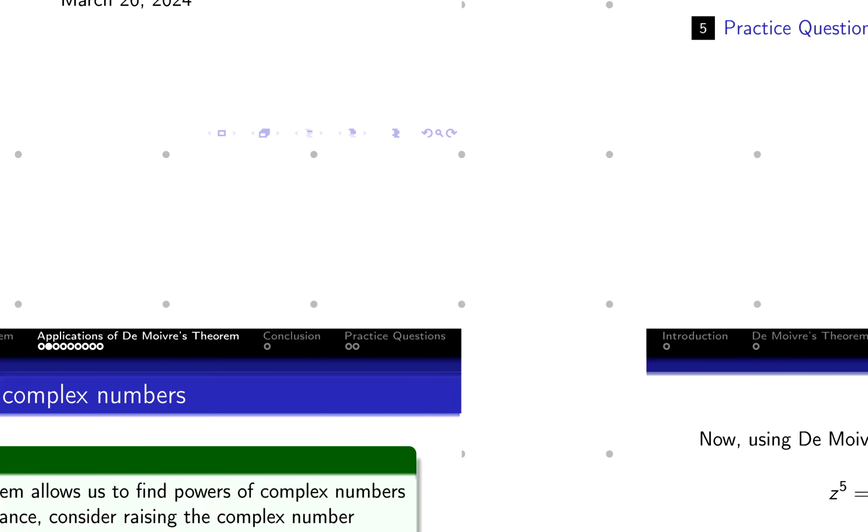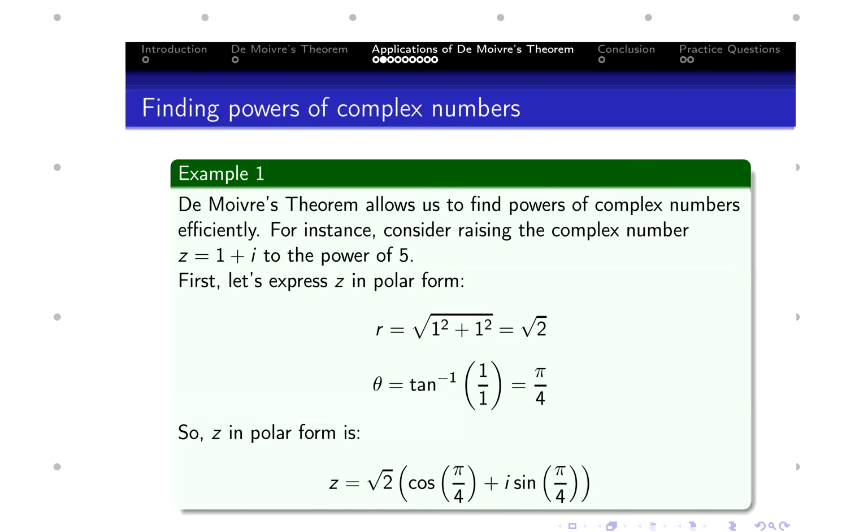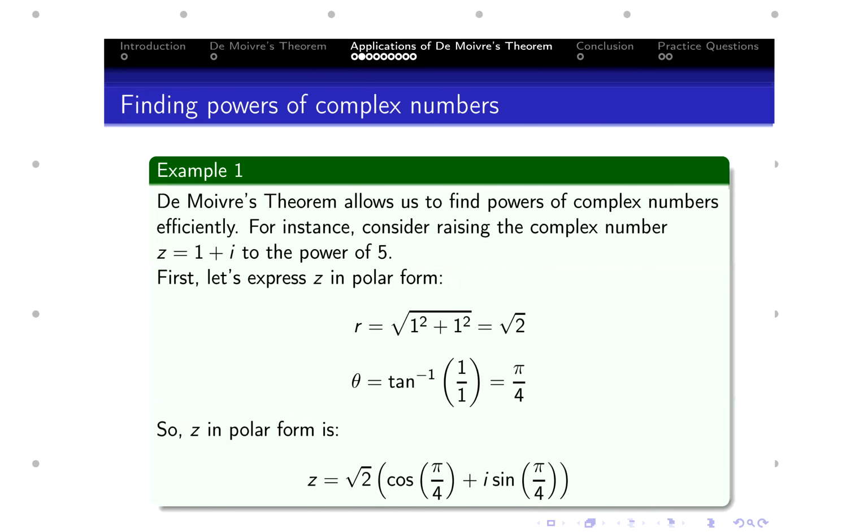So we go to the next slide with the first example. How do you find powers of complex numbers? Here, De Moivre's theorem allows us to find powers of complex numbers efficiently. The word efficiently is the deal. For instance, consider raising the complex number z equals 1 plus i to power 5.